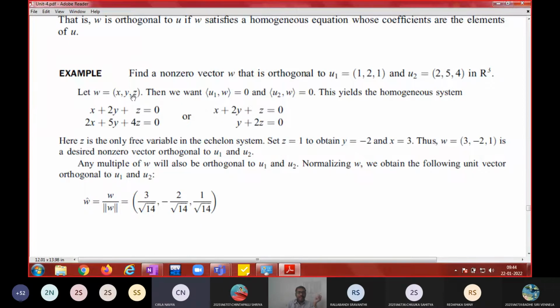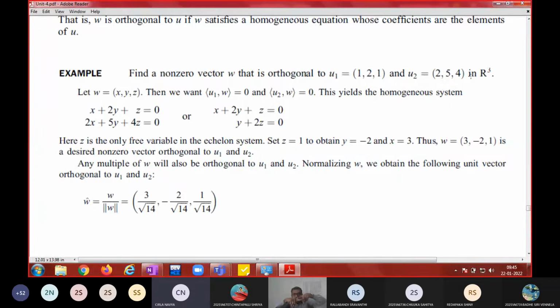Dot product of these two vectors being 0 means x plus 2y plus z equal to 0, and 2x plus 5y plus 4z equal to 0. Then you solve the homogeneous system of linear equations. Then you will identify that there are several vectors which are orthogonal to these two vectors, because these two are linearly independent.